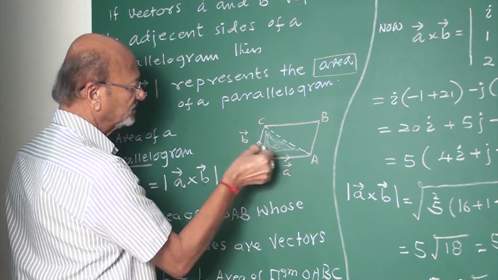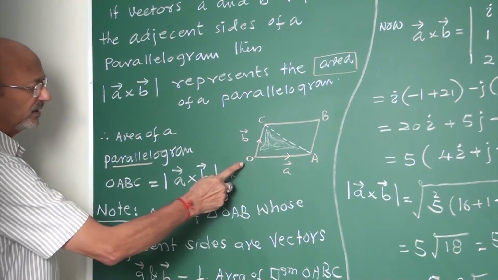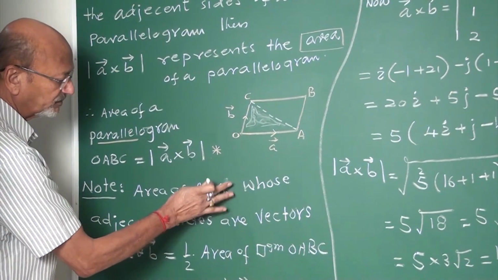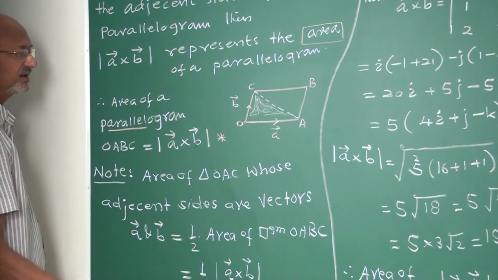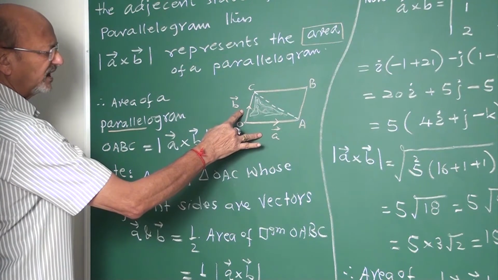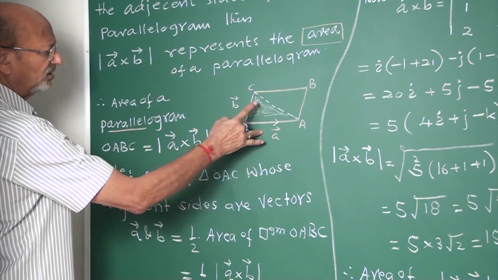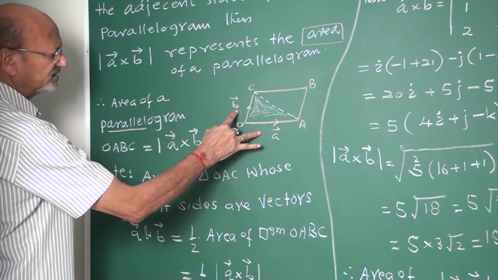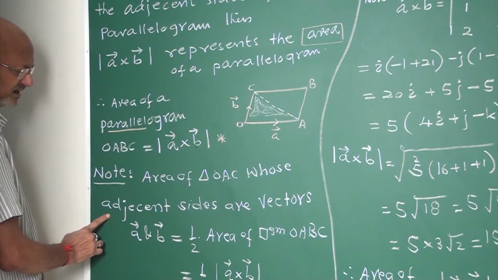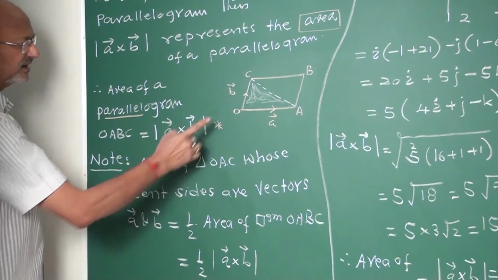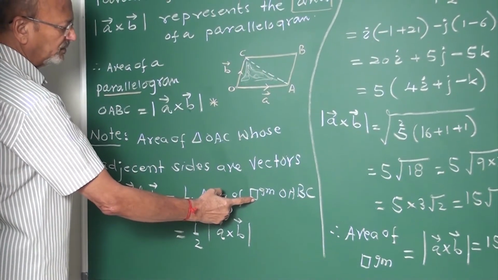Next, the area of the triangle OAC. Again, two of its adjacent sides are vectors A and B. These are the adjacent sides of the triangle OAC, represented by the vectors A and B. Then what is this shaded area? It is half the parallelogram OABC.